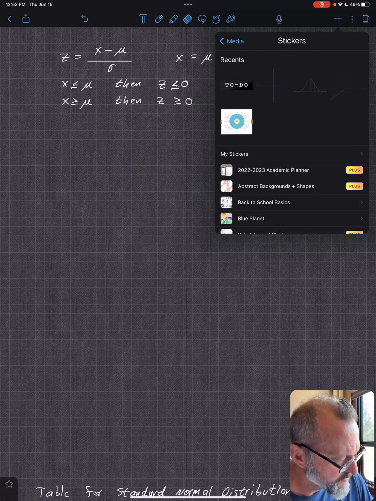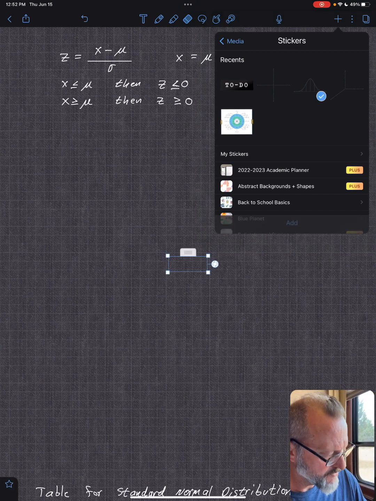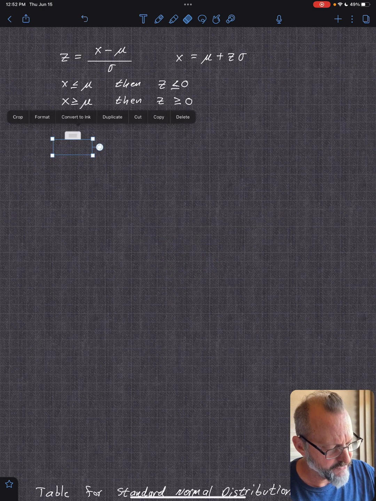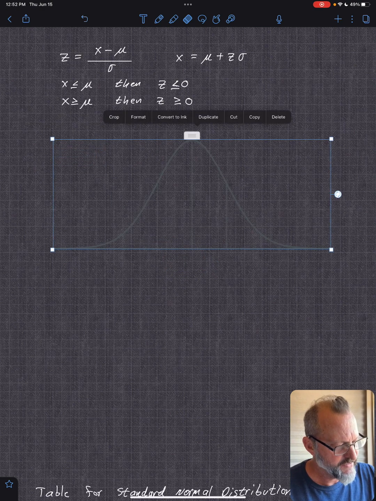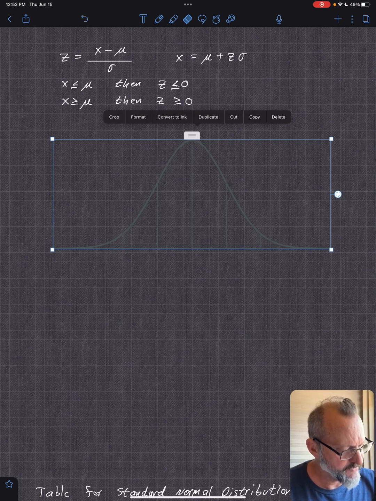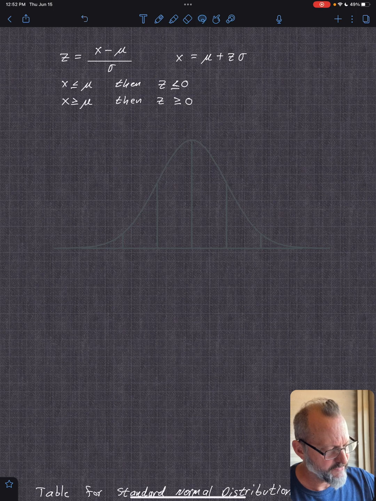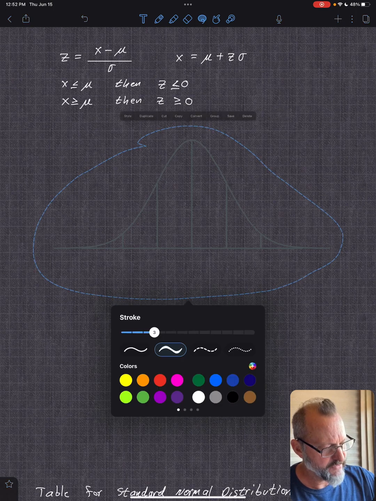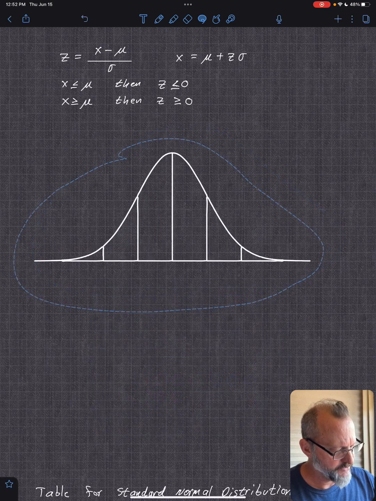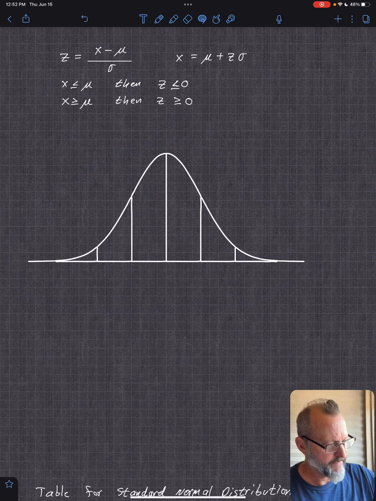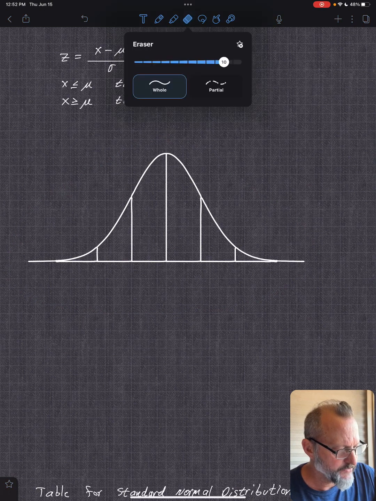Oh, there it is. And then you can't see it. So what I have to do is convert to ink, and then highlight that. Click on it, go to style, and make that into a chart. Okay, so there we go. Kind of wish these weren't here, so I'm going to erase them.